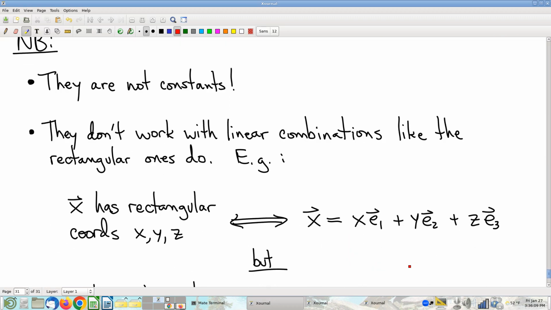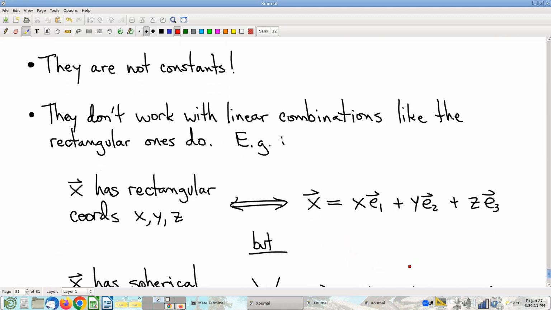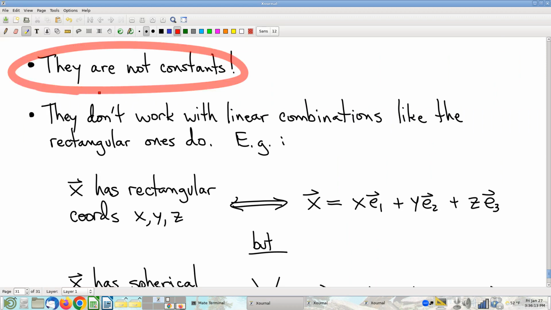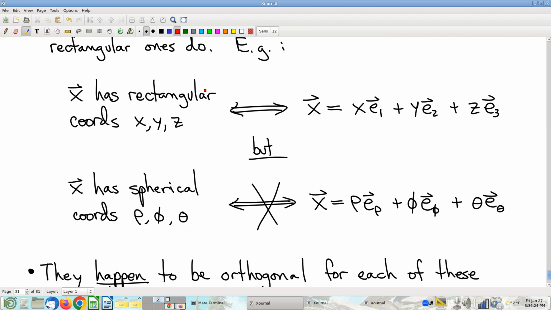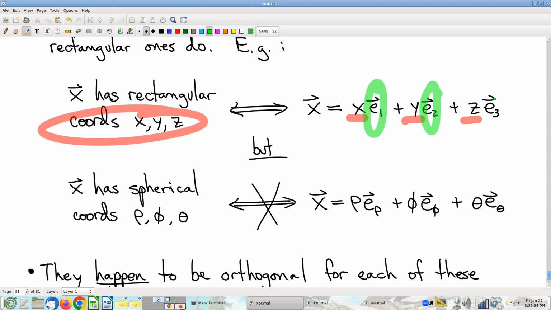Do be sure to note certain bad news items about them. They're not constants, like the rectangular standard basis vectors are constants. Right, ones and zeros, they don't ever change. They're always the same. And they don't play nice with linear combinations, right? So in rectangular coordinates the components are coefficients in a linear combination. This is arguably one of the features that makes standard basis vectors so nice in rectangular coordinates.